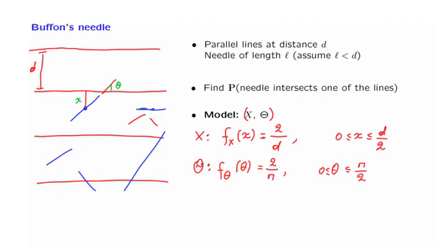Here, we're going to make the assumption that x and theta are independent of each other. And in that case, the joint PDF is determined by just taking the product of the marginal PDFs. So the joint PDF is going to be equal to 4 divided by pi times d.